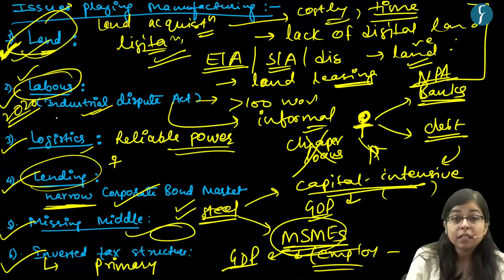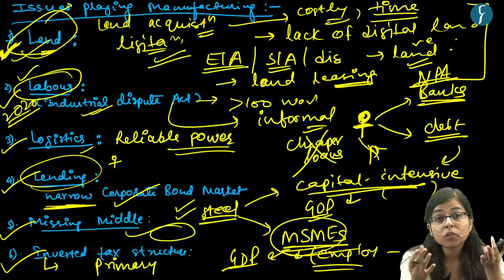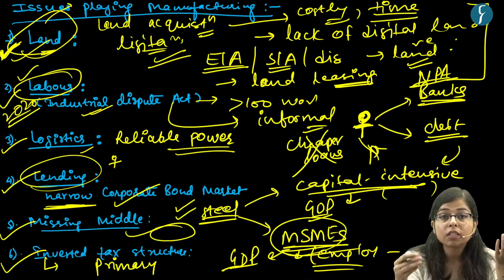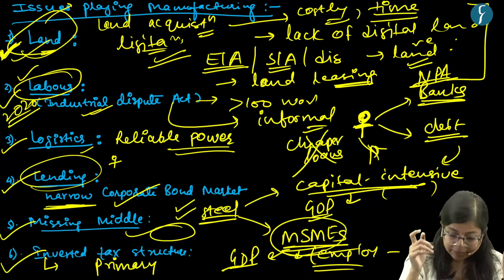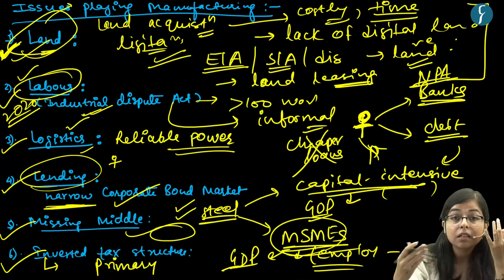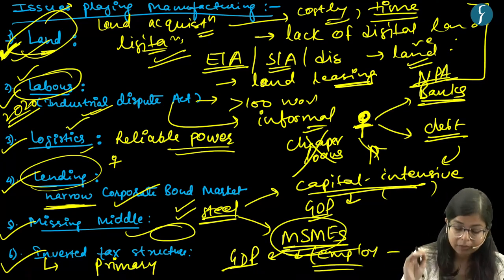And to address the issues related to logistics, enough importance should be given to the construction of dedicated freight zones, dedicated corridors to transport freight, right? And other issues like reliable power supply should be sorted, right?